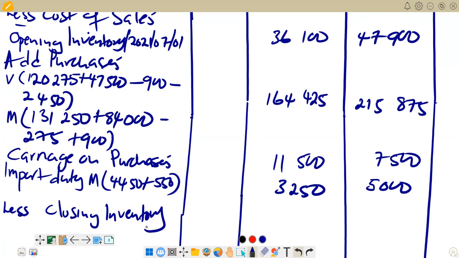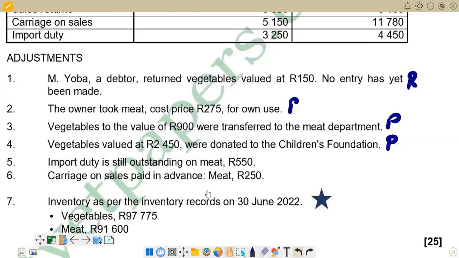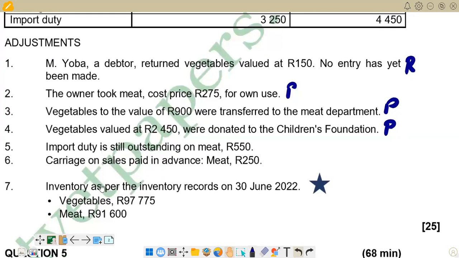Then we check in terms of the figures that we have for closing inventory. On closing inventory, we are given there, I think at the end of the question, that is after adjustments, this figure: inventory as per the inventory records on 31/12/2022. That's where our financial period is ending.